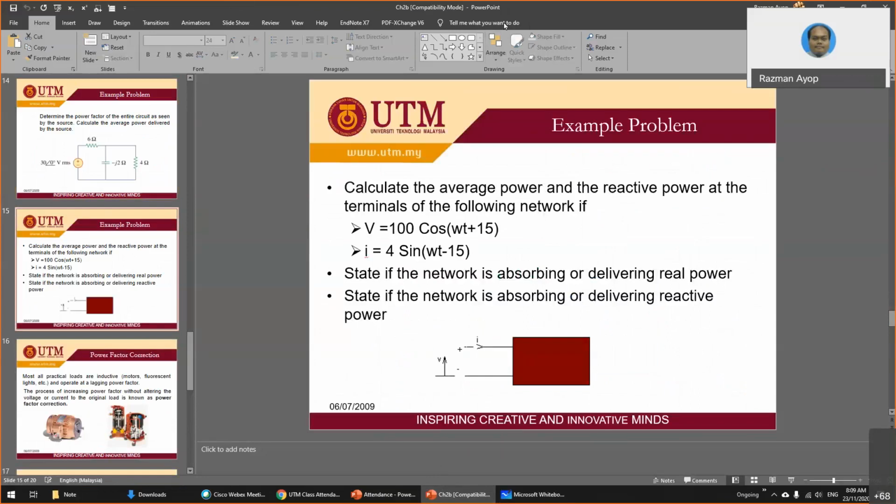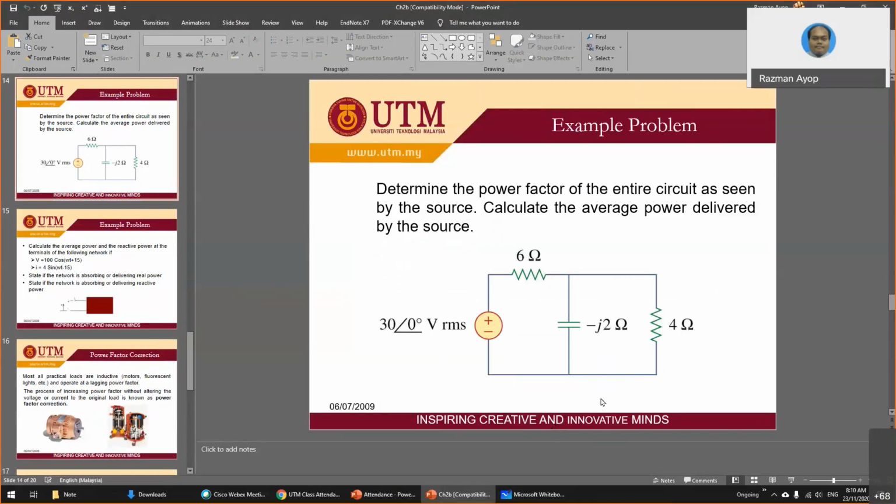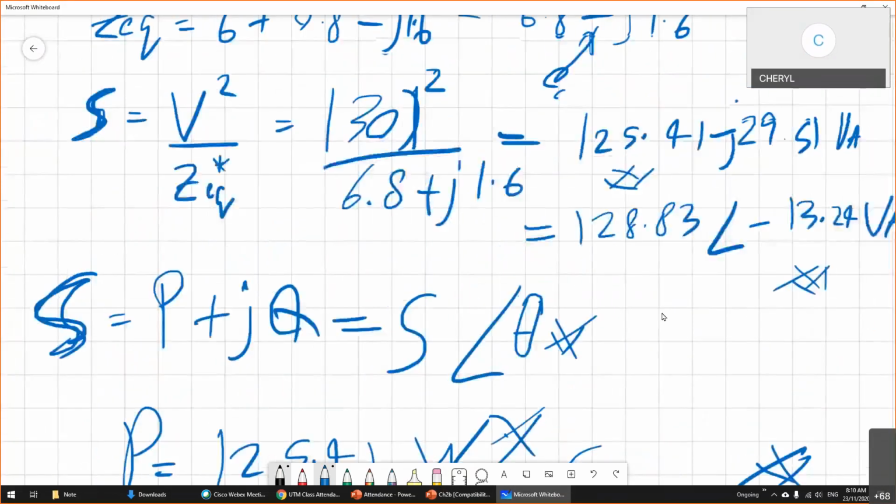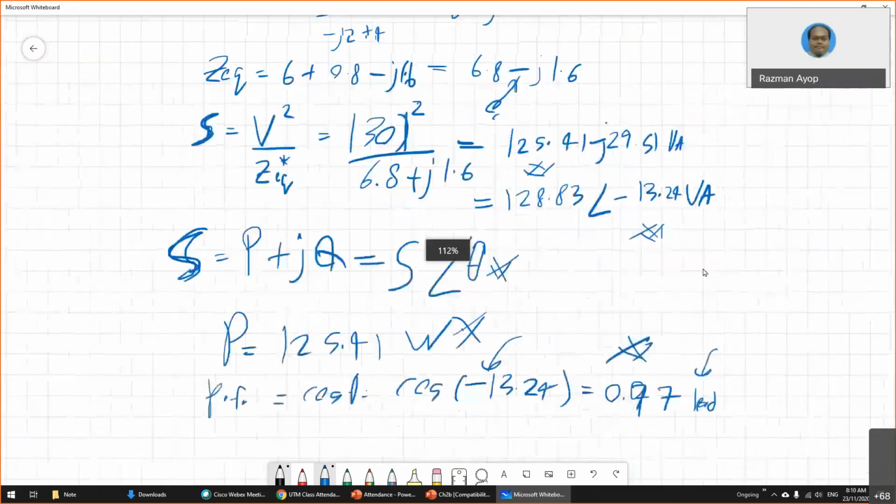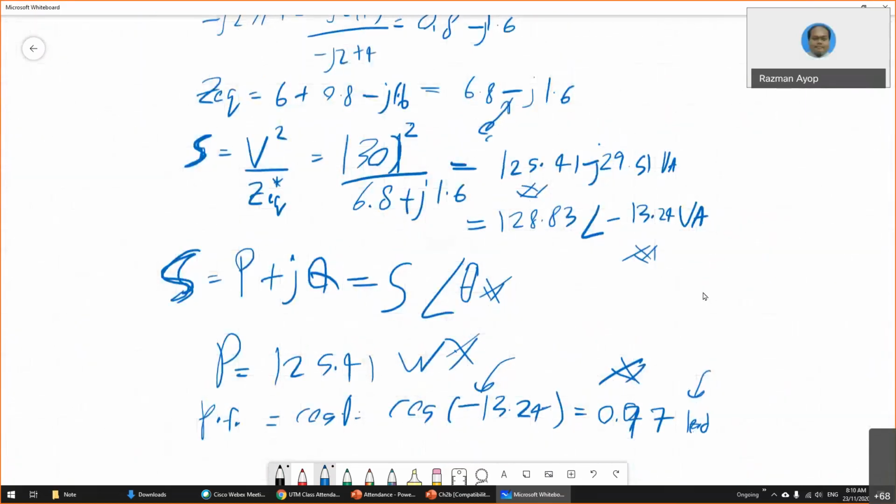Yes, I have a question for the last question. Can I see the solution? Which one? The complex power, to calculate the complex power by using the voltage and the impedance, we don't need to put the angle, because I think last time in the last video you used the angle.